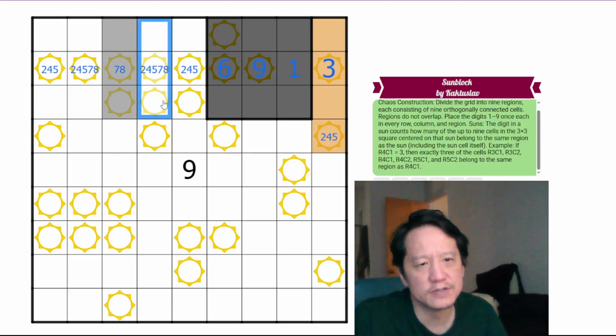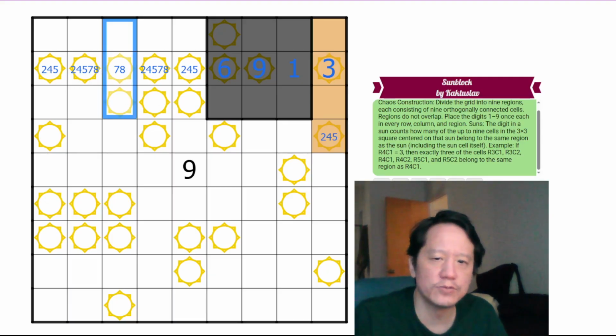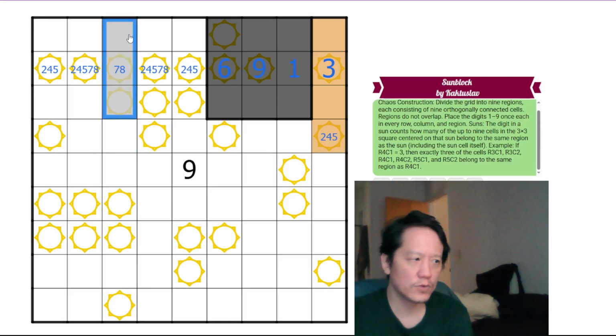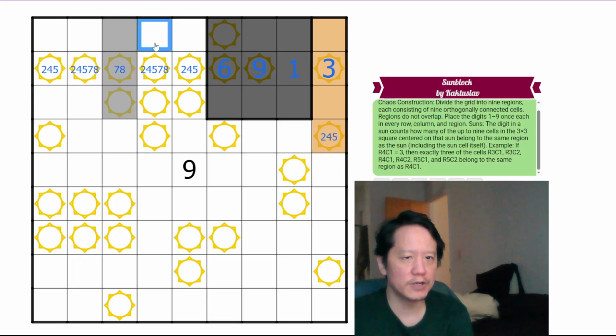We have these suns also. That's interesting. Okay. So again, we're guaranteed this is part of the 7-8 shared region. We're going to have 1 here or 1 here.